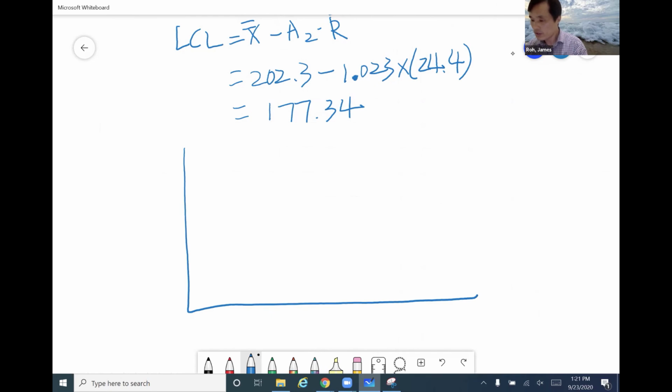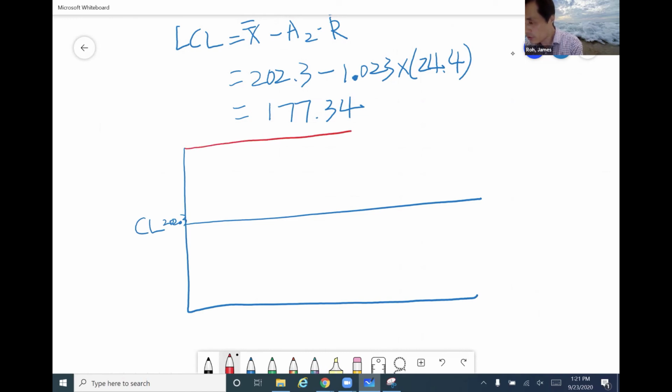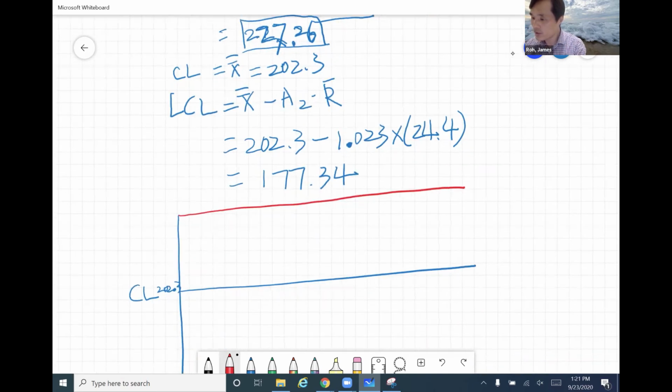So then we can now visualize this. Look at that. Central line is 202.3. That's your central line. And upper control limit is over here, and that's 227.26.